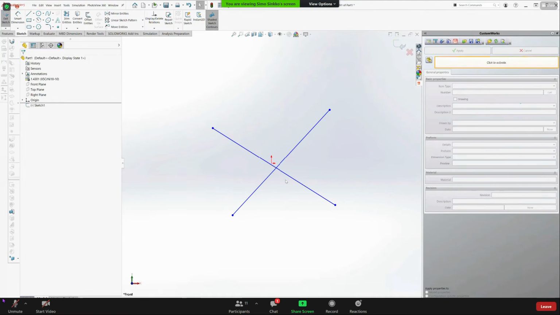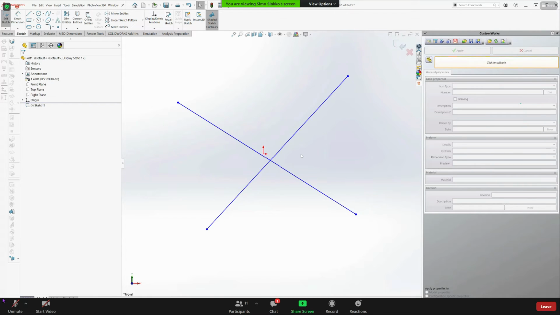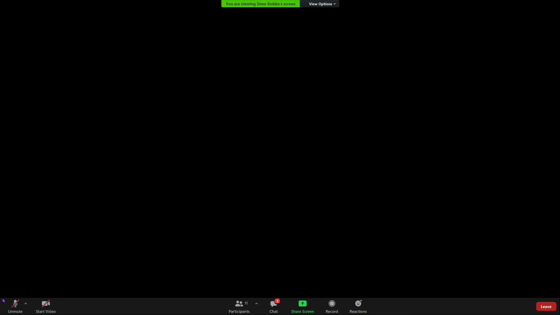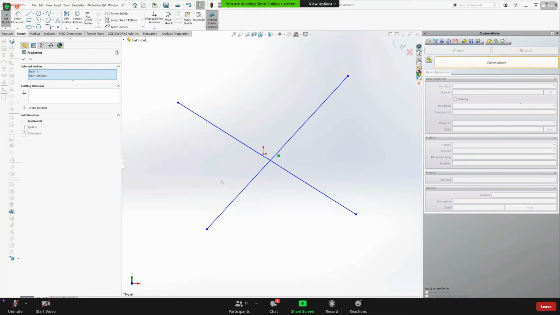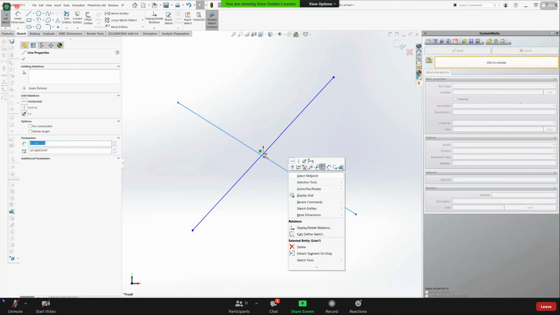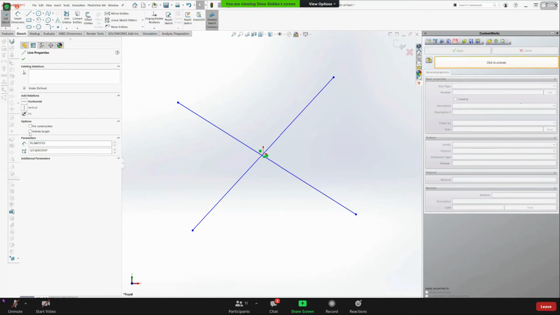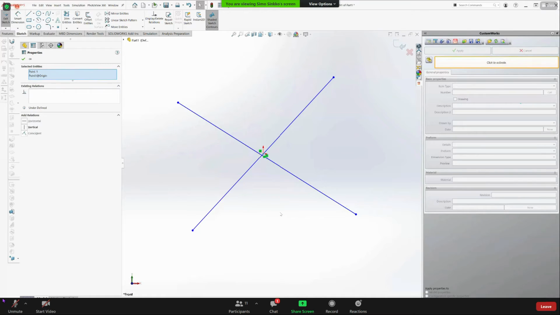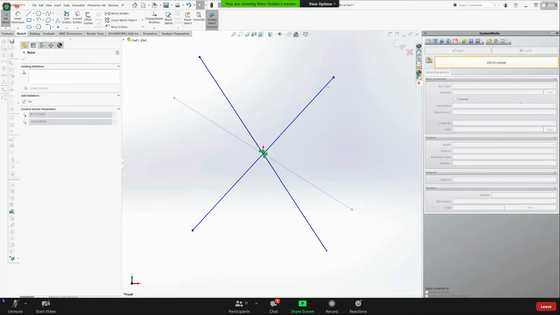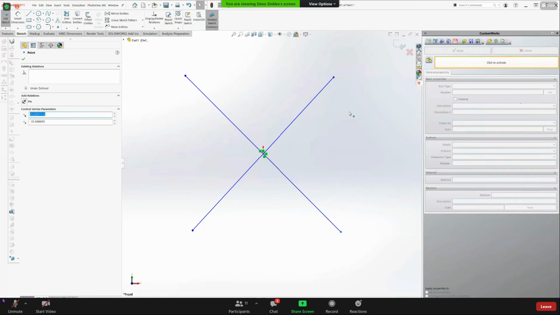So I will select the midpoint and the origin and say that they are coincident, and the same for the other line. Now they can still move like this, but the middle point is in the middle.